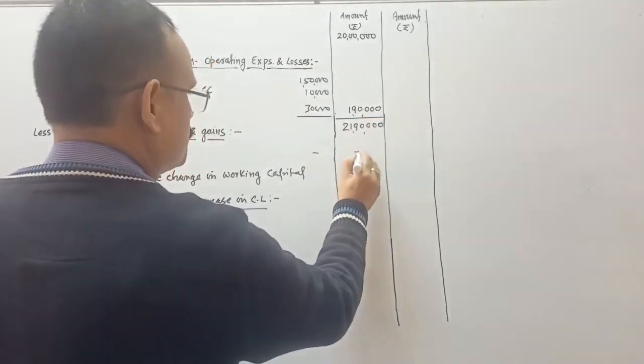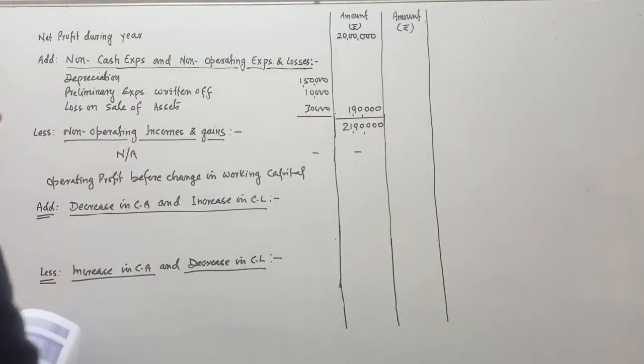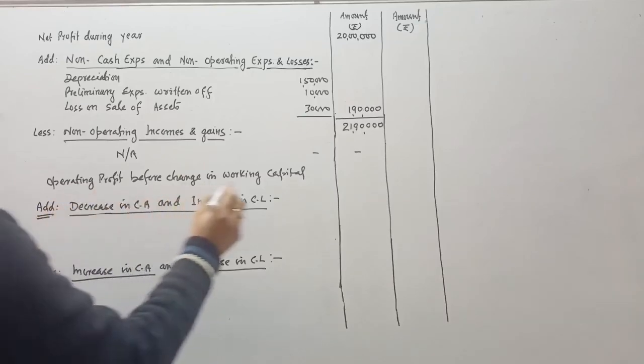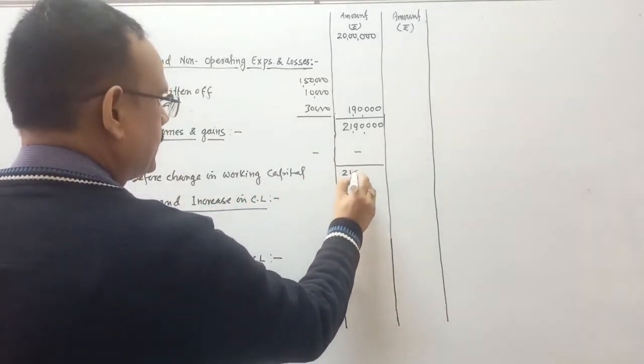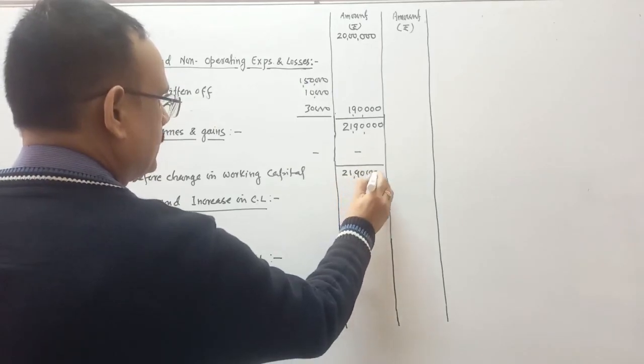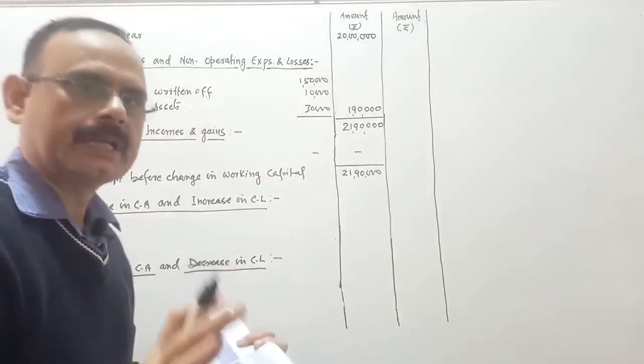There are no non-operating incomes and gains. So this figure, 21,90,000, is operating profit before change in working capital.